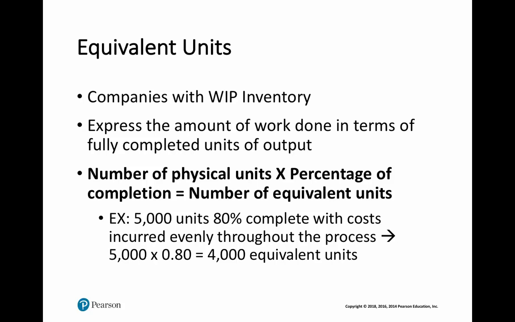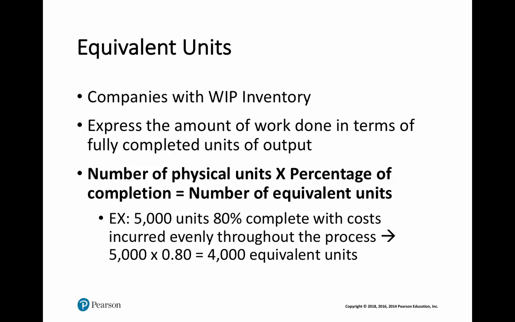What they do is they calculate for the ending work in process what the equivalent of fully completed units are. So we use the formula: number of physical units times the percentage of completion equals the number of equivalent units. So in our example, if we have 5,000 units, 80% complete, and with process costing, because it's the same process done evenly, every one of our products goes through, we can assume that they're evenly done, right?